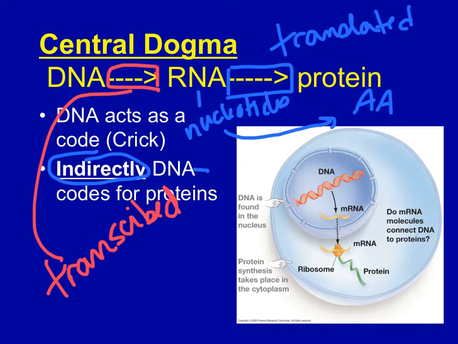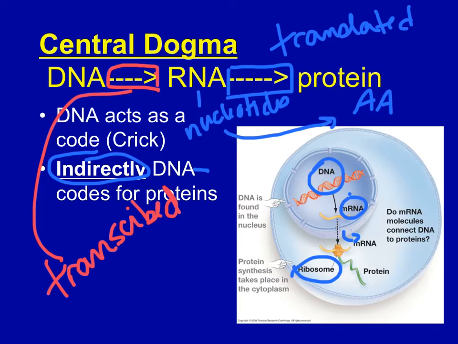In eukaryotic cells, this image shows you that DNA is in the nucleus and it gets transcribed into an mRNA. That mRNA exits the nucleus, and in the cytoplasm it meets up with ribosomes where it gets translated into a protein. Some of those proteins go right back into the nucleus and act in the nucleus.